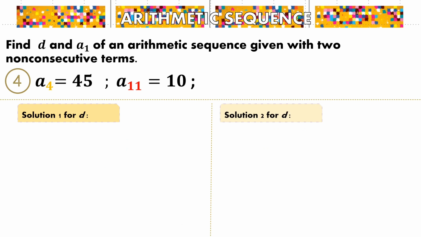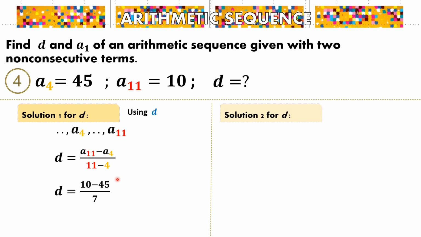Okay, one more example. A sub 4 is 45, a sub 11 is 10. Let's find d. Using the formula in determining d, we have d equals a sub 11 minus a sub 4 all over 11 minus 4.